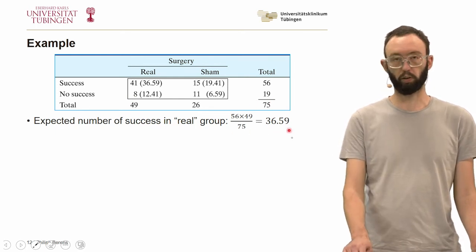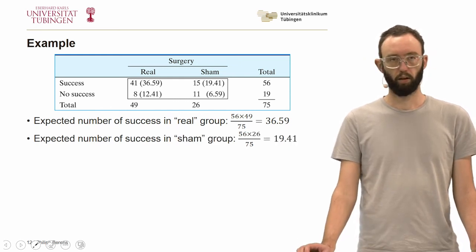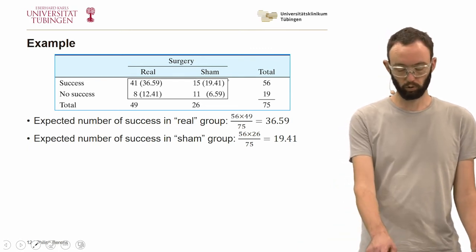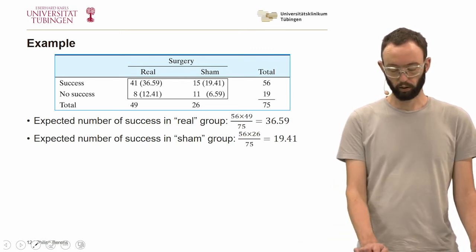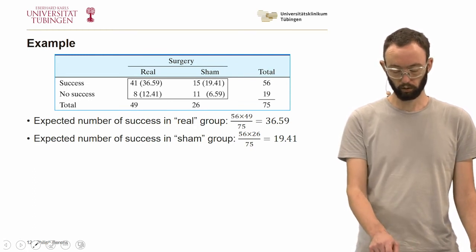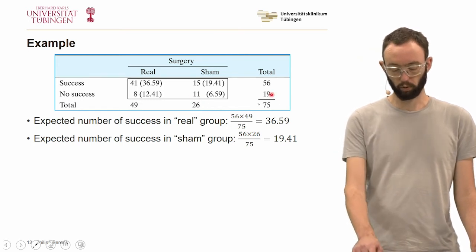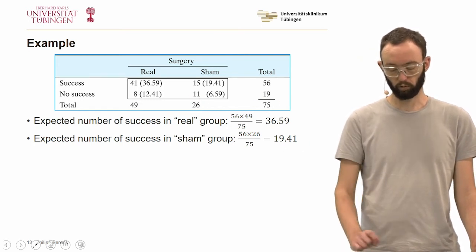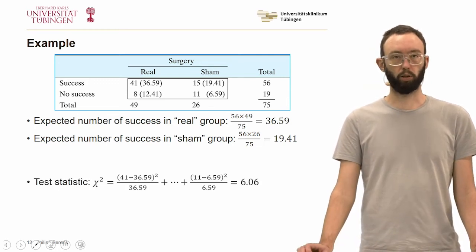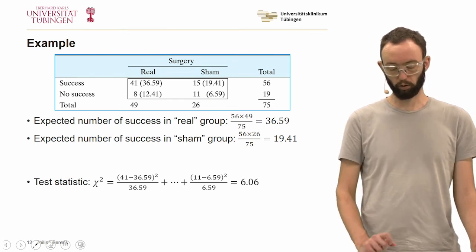And this is 36.59. In addition, the expected number of successes in the sham group, this one, is again the row total of success times, in this case, the column total of the sham surgery divided by 75, which is 19.41, and so on. And when you compute these values, you will get 12.41 and 6.59.